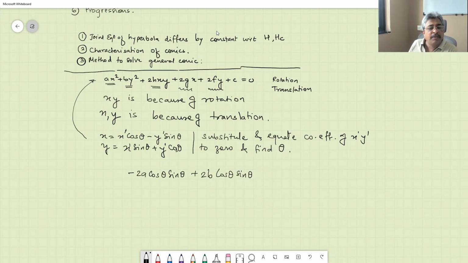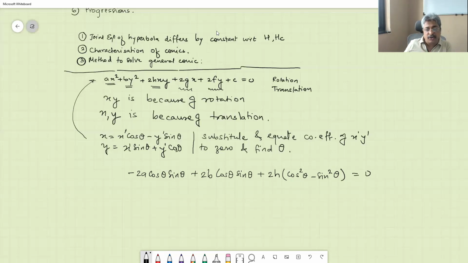And for the xy term, multiplied out, it gives 2h times x dash y dash, cos square theta minus sin square theta, is equal to 0.